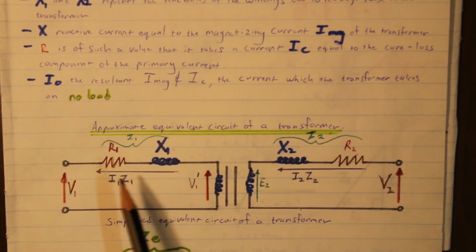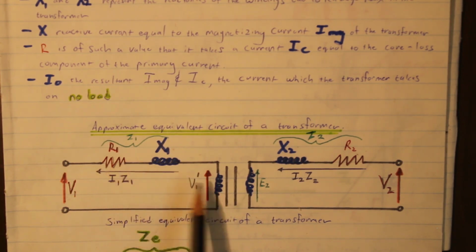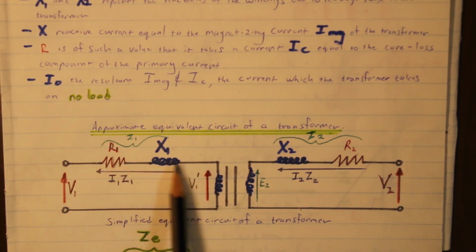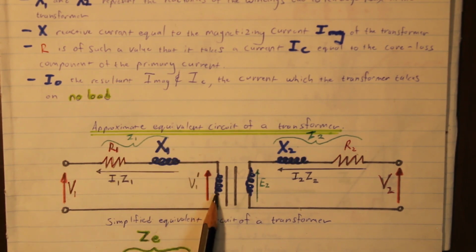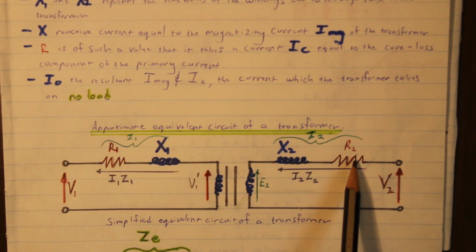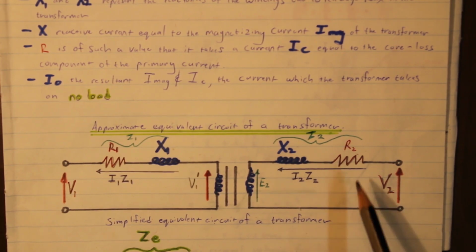We just had the resistance of the primary, the leakage flux on the primary side, the leakage flux on the secondary side, and the resistance of the secondary coil. And then we said to ourselves, we're going to shift the resistance on the secondary side over to the primary side.